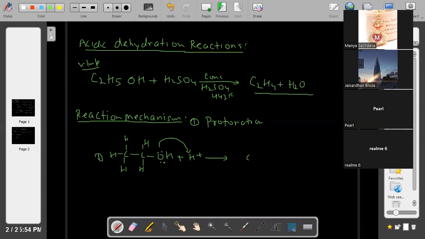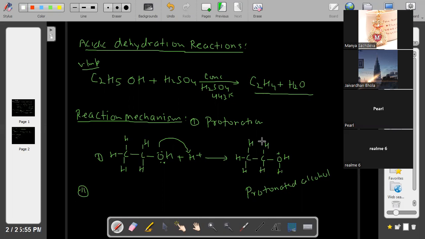Then you will get CH3-CH2-OH with one more H, so this is called protonated alcohol.